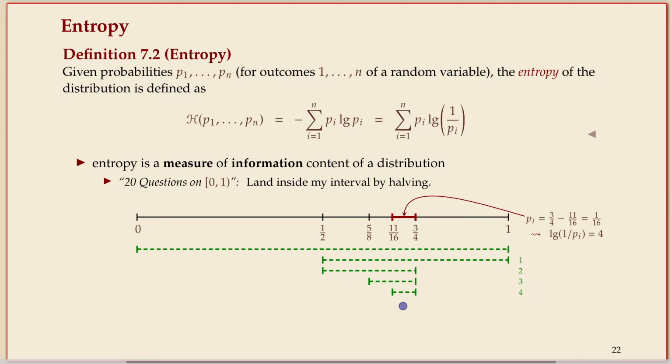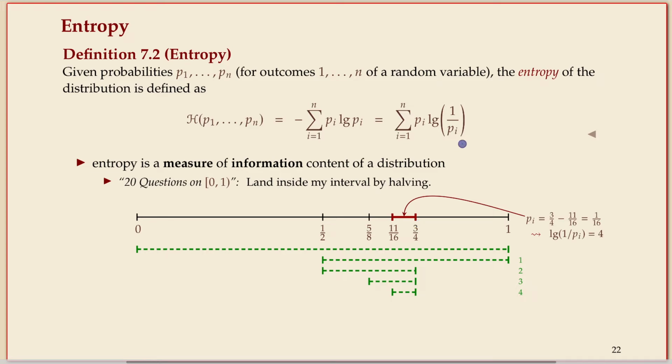And if you count how many times you have to cut in half before you lie inside this interval, you get to essentially this log of 1 over p_i. There's a bit of rounding involved. If it doesn't work out nicely, like in this case, that you get exactly the boundaries, then you may need 1 or 2 additional questions. You can always get away with 1 more at most.